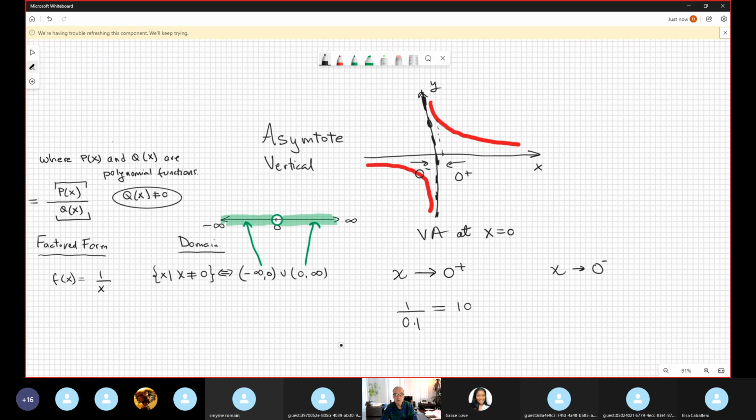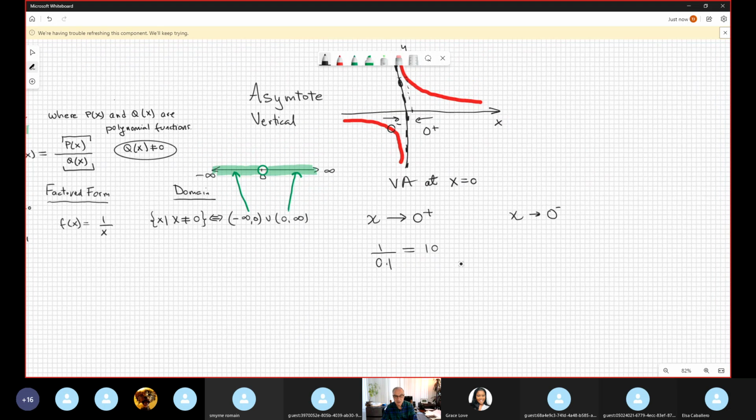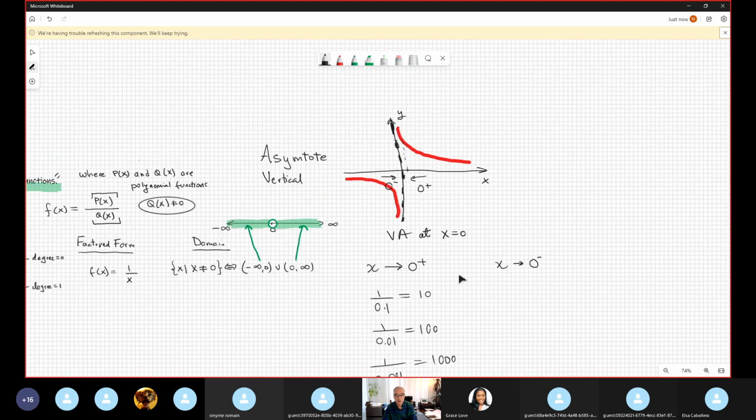When you continue approaching 0 in the same direction, suppose a small number, 0.01, it is 100. And you put 1 over 0.001, it is 1000. And you see that our graph blew up to positive infinity. So this guy continues forever to positive infinity. And this is the idea behind a numerical asymptote.